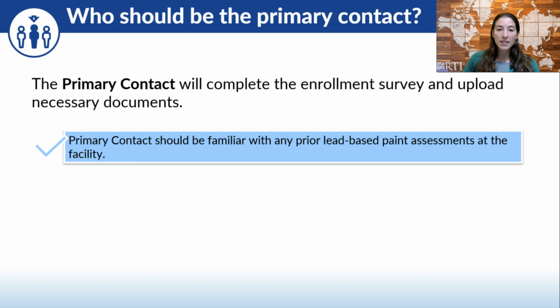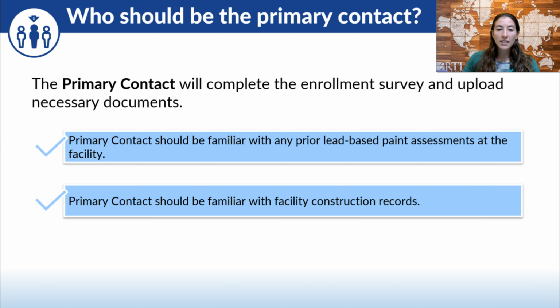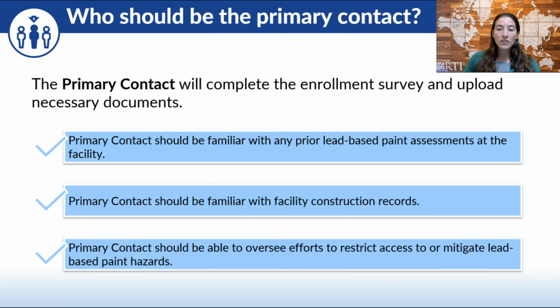So who should be the primary contact? The primary contact should be familiar with any lead-based paint assessments that have already been conducted at your facility. They should be familiar with the layout of all buildings at the facility. And additionally, if lead-based paint hazards are identified in your facility, the primary contact should be able to oversee the efforts to restrict access to or mitigate those hazards.